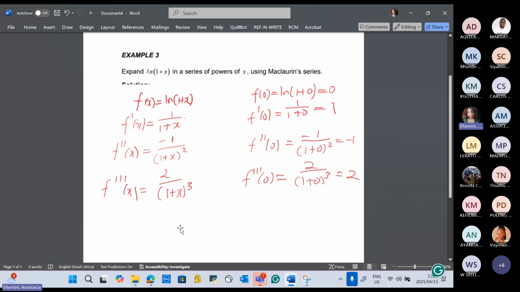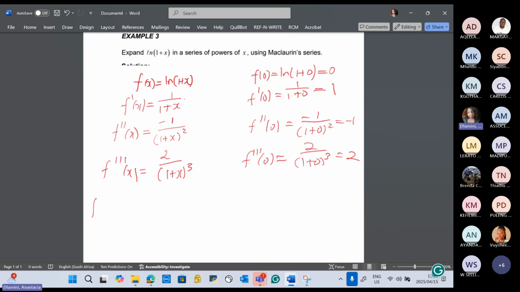So how do you think the next one will look like? Okay, so it's f of the fourth one. Fourth derivative is equal to what? I don't remember Roman figures, so I'll write 4. And then 2 over 1 plus x to the 4. So then the fourth one, are we all agreeing on that one, guys? Did you check? Let me double check.